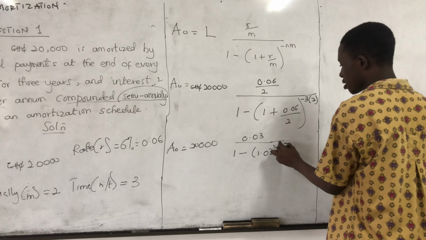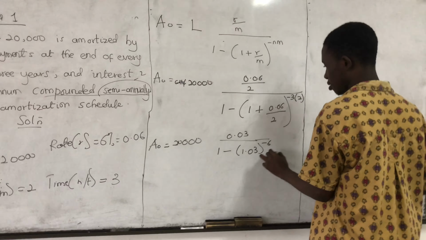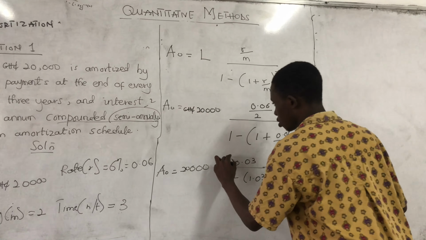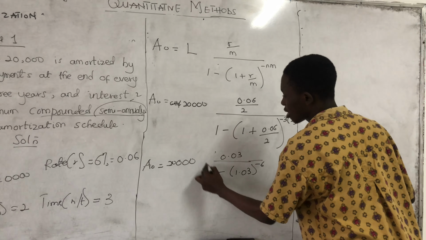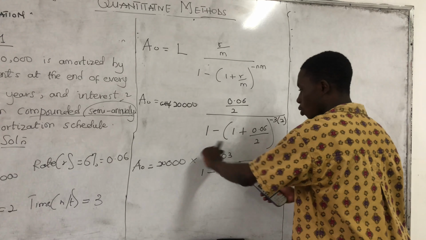Negative 3 times 2 is negative 6. Remember, there is a bracket here, meaning times the whole of this.